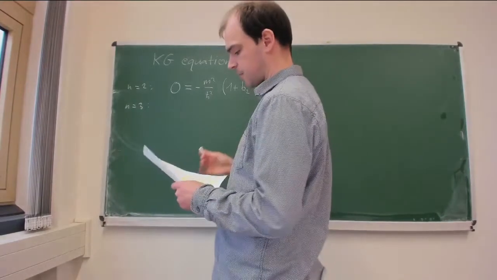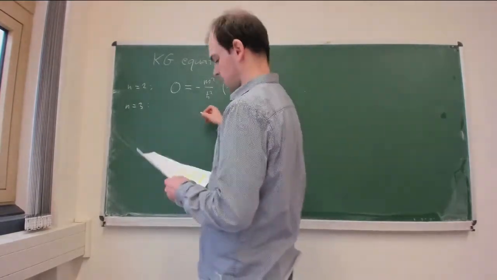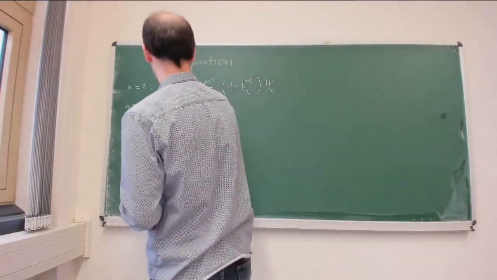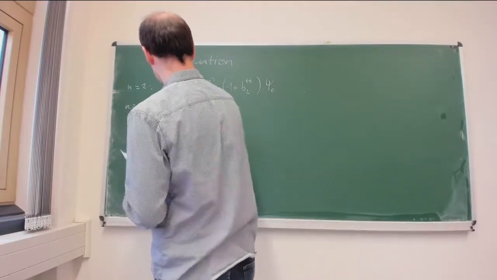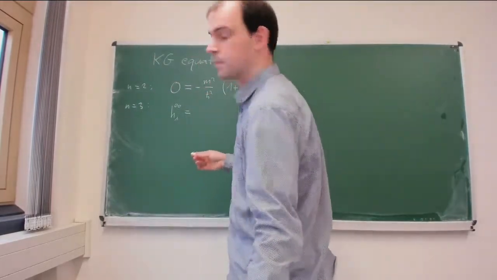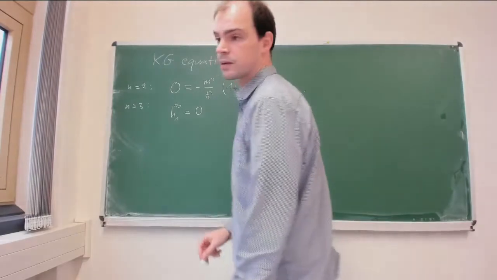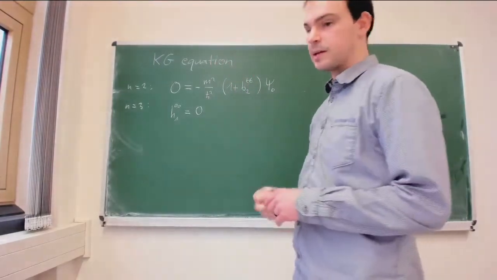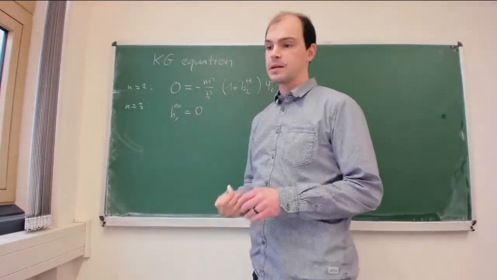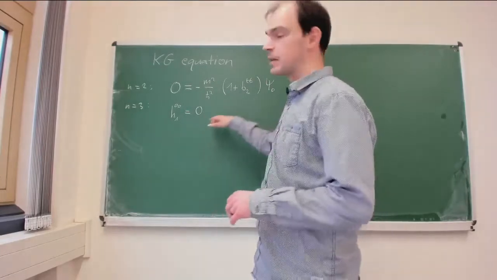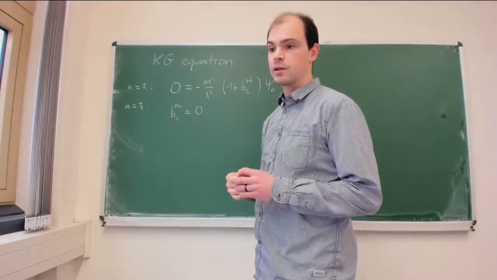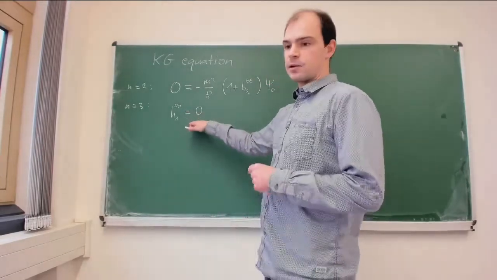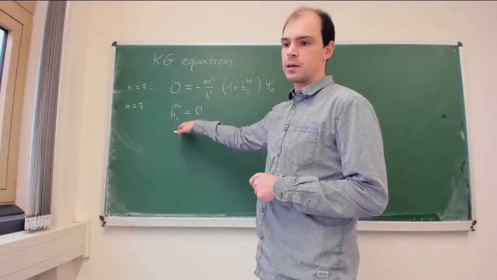And there, if we insert everything, we end up with h110 equals 0 as an equation. So we see that the order n equals 3 is actually not an equation for our field, so we still don't get a Schrödinger equation, but it's an equation that puts a constraint on our metric.